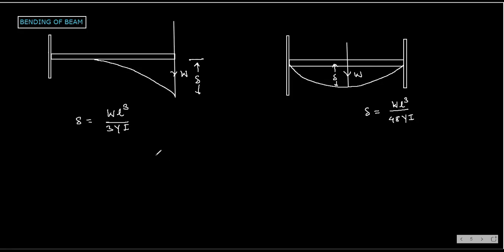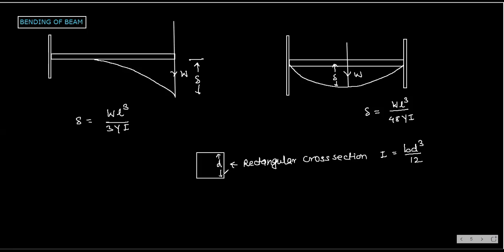So here, moment of inertia for rectangular cross section, if it is like this, then I is equal to bd cube by 12, and here this is d and this is b.